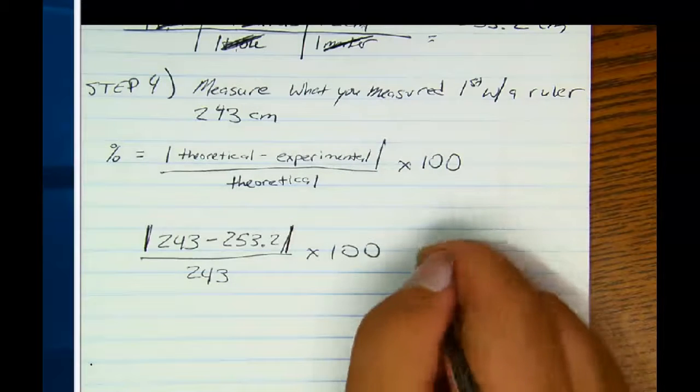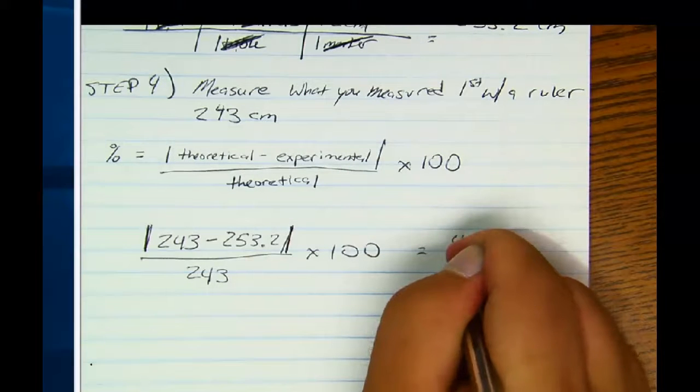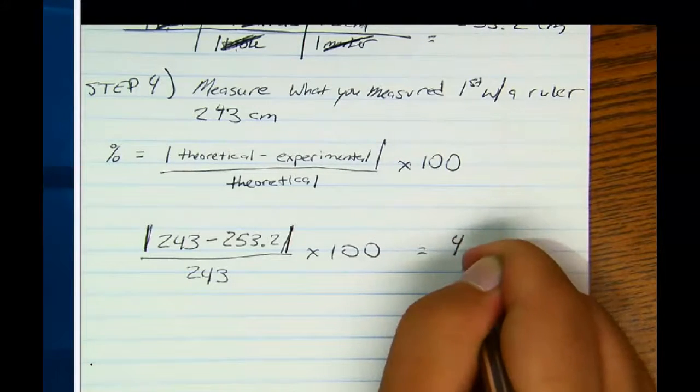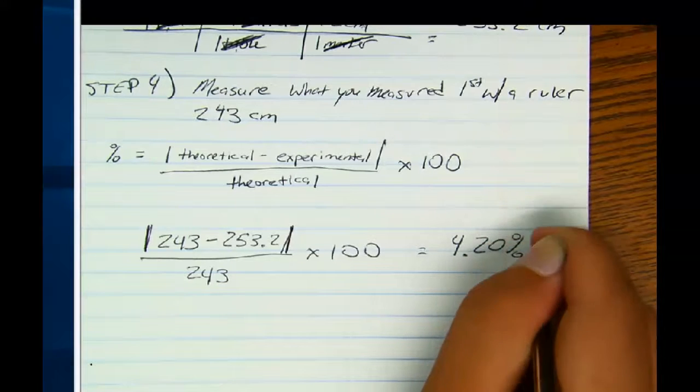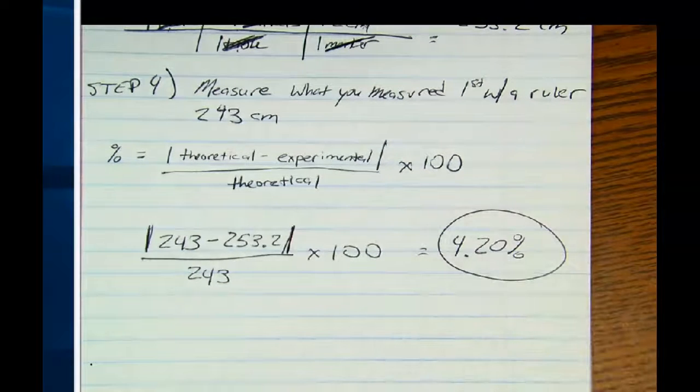So my percent error was 4.20%. So that's 4.20%. I feel like that's pretty solid work. It's not too bad, right? 4.20%. It's pretty good. Okay, so that's what we did. That's what we started off with. We did a little dimensional analysis.